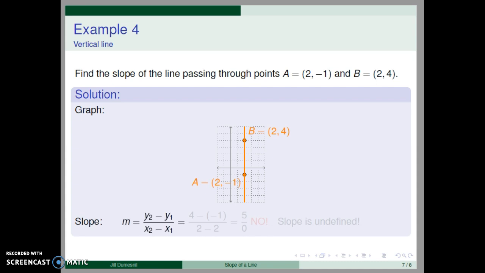So when I try to compute the slope of this vertical line, I get 4 minus -1 in the numerator and 2 minus 2 in the denominator. Thus we get a fraction with 0 in the denominator. This is an undefined fraction, so the slope is undefined for a vertical line.